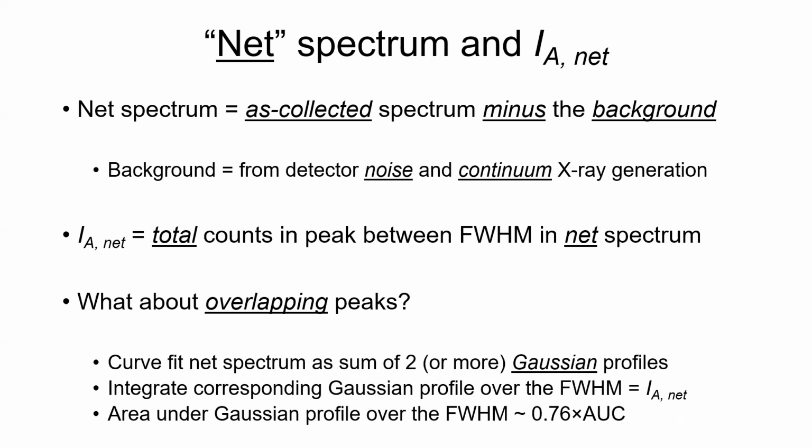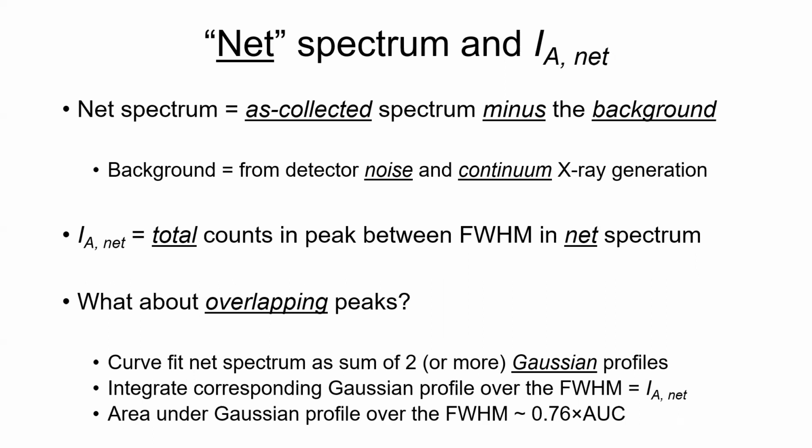The background in the spectrum is due to two sources: detector noise and continuum X-ray generation, meaning X-rays that are not characteristic X-rays. Those add up together to give us a background, and they are not related to the elements present in terms of providing quantitative information. So we have to remove that from the as-collected spectrum, and then we get a net spectrum.